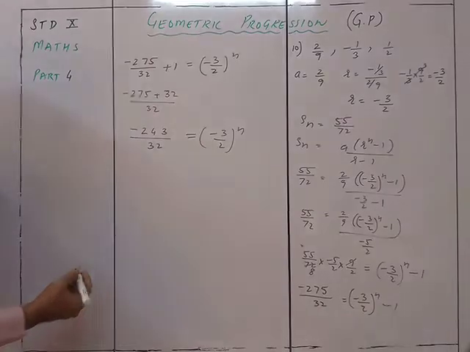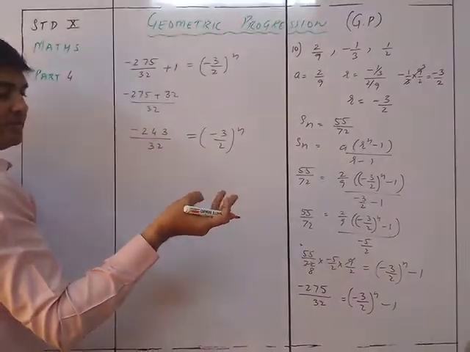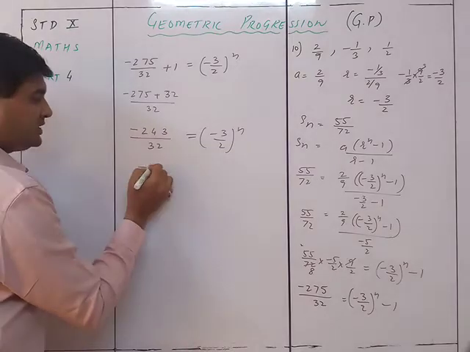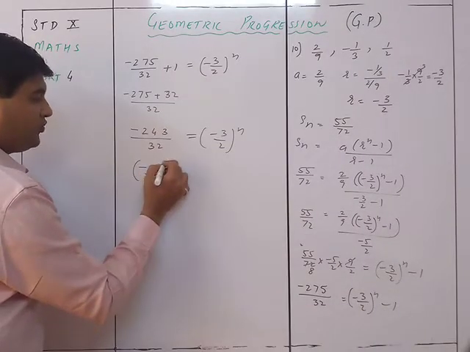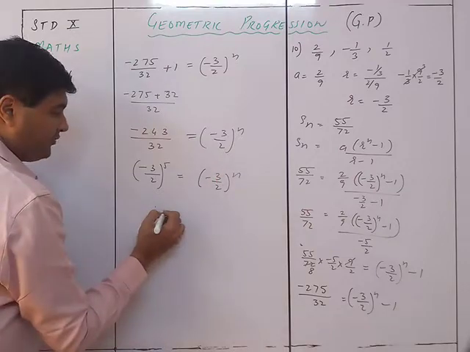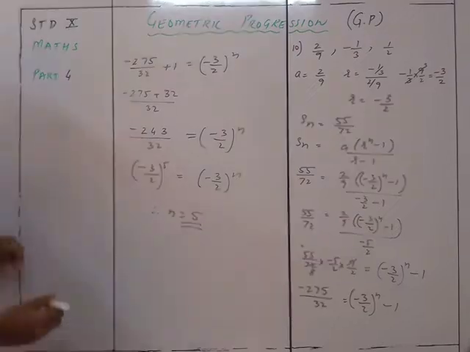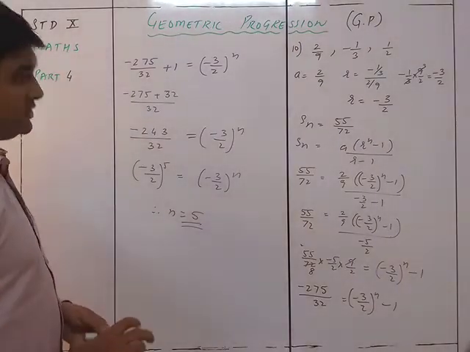Simple. You know 243 is nothing but 3 to the 5: 3 times 3 is 9, 9 times 3 is 27, 81, and 243. So it is minus 3 upon 2 the whole raised to 5 is equal to minus 3 upon 2 the whole raised to n. Therefore n is equal to 5. Got it? So this was sum number 10.